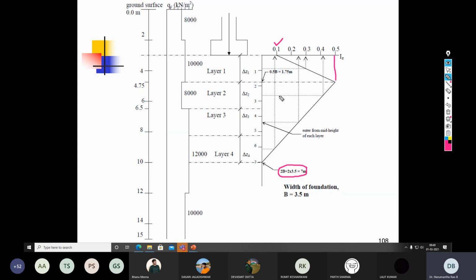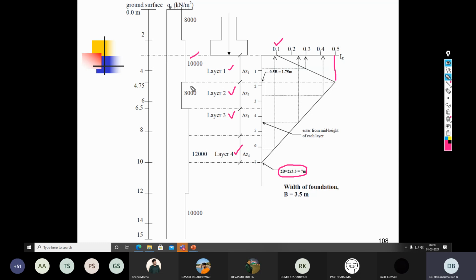There is no particular rule that I have to divide into this many layers only. But in this case, it has been divided into 4 layers: layer 1, layer 2, layer 3, layer 4, considering the easiness in the values of the cone resistance.